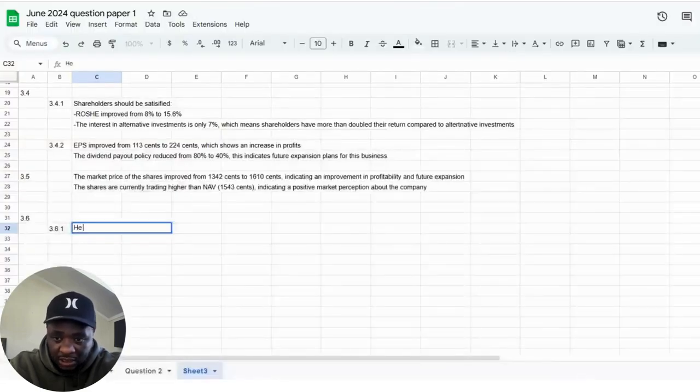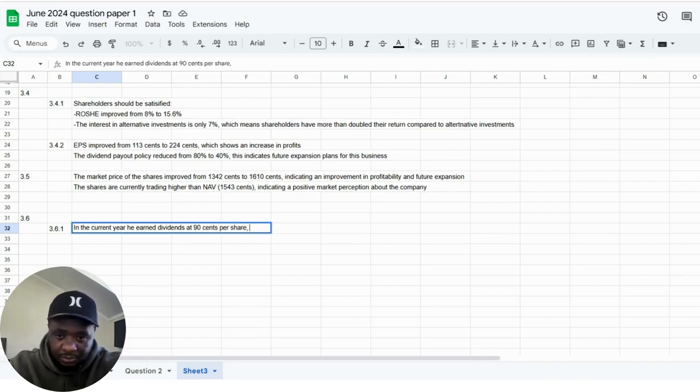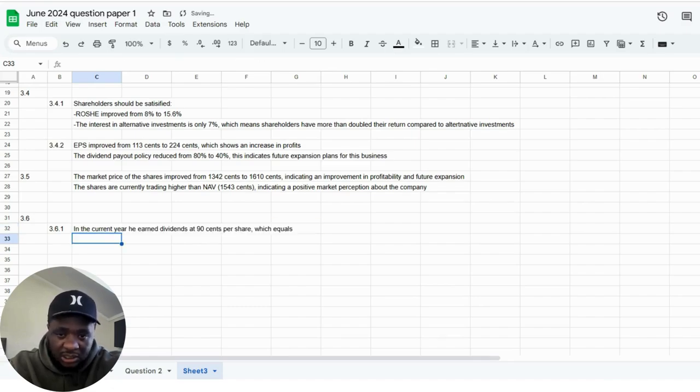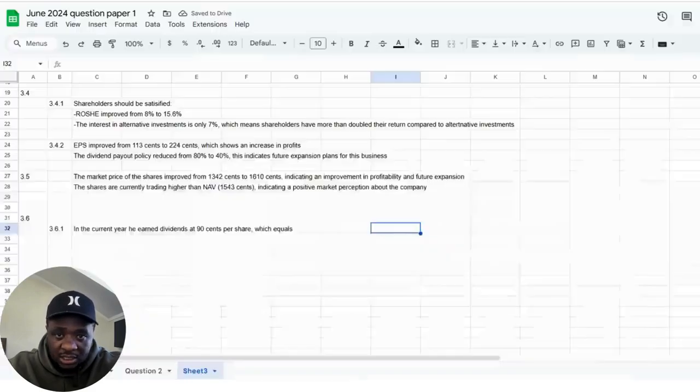So he earned in the current year dividends at 90 cents per share, which equals, obviously, how many shares does he own? He owns 360,000 shares.